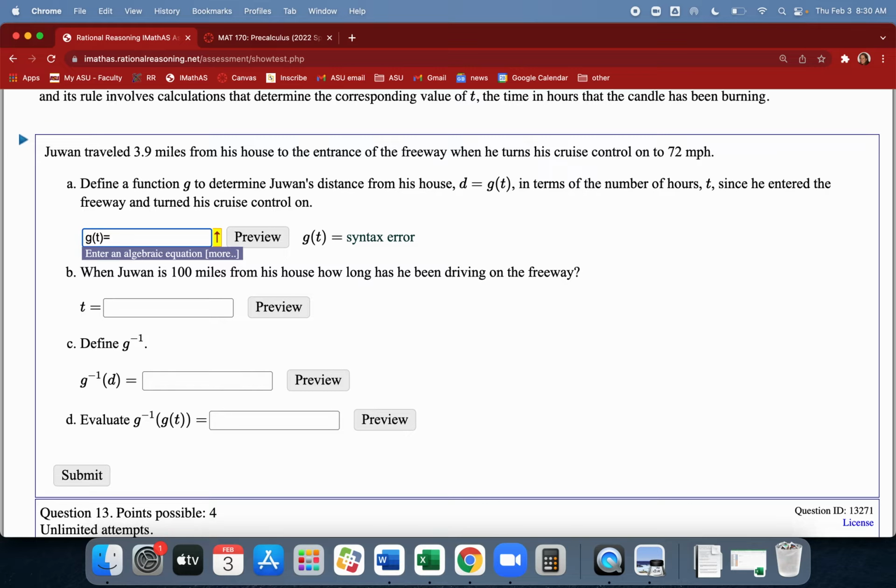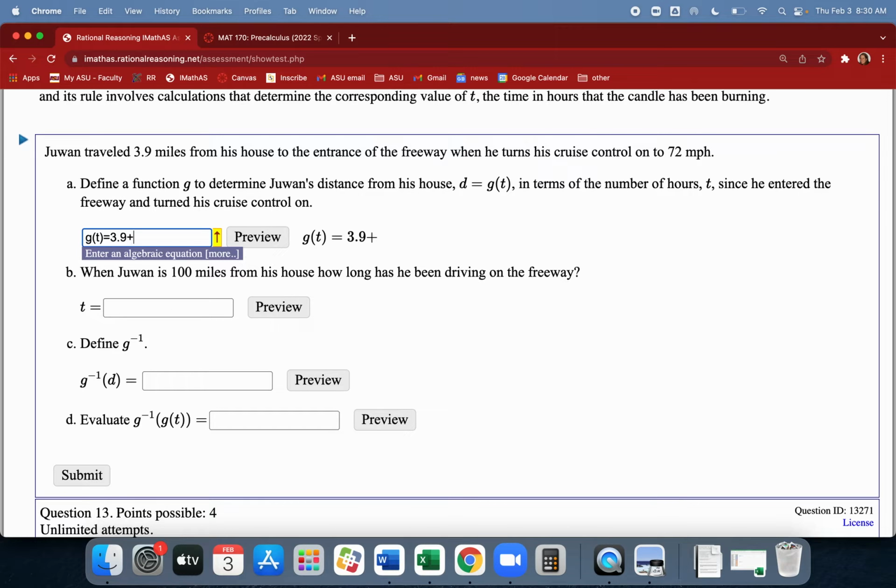So at time 0, meaning 0 hours on the highway, not 0 hours since he left home, we know he's traveled 3.9 miles already. So all of his results are going to be 3.9 or bigger. When he gets on the highway, he's already starting at having traveled 3.9 miles.